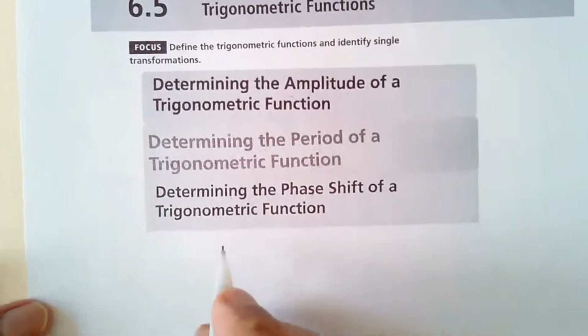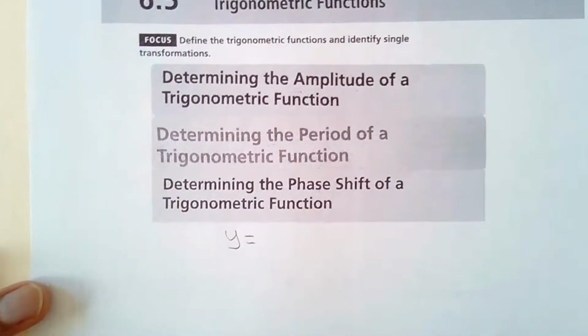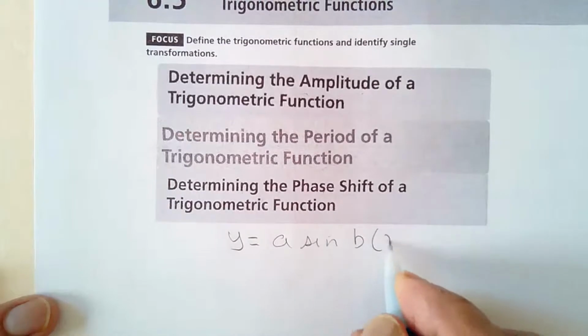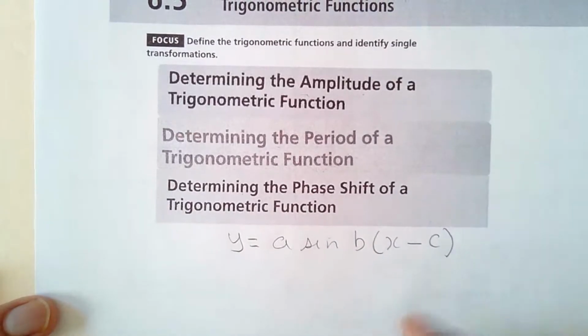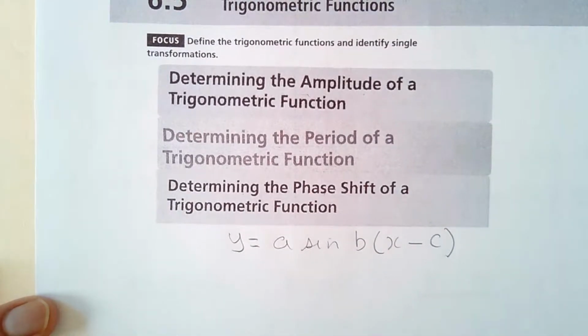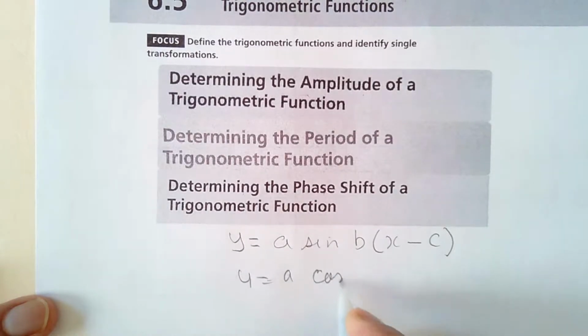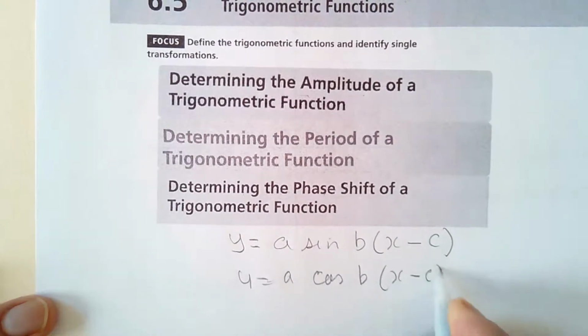So far, the equation is y is equal to a sine b into x minus c, or y is equal to a cos b into x minus c.